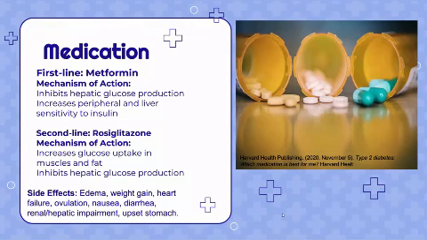Metformin's mechanism of action is unique from other classes of oral antihyperglycemic drugs. Metformin decreases blood glucose level by decreasing hepatic glucose production, also called gluconeogenesis, decreasing the intestinal absorption of glucose, and increasing insulin sensitivity by increasing peripheral glucose uptake and utilization.